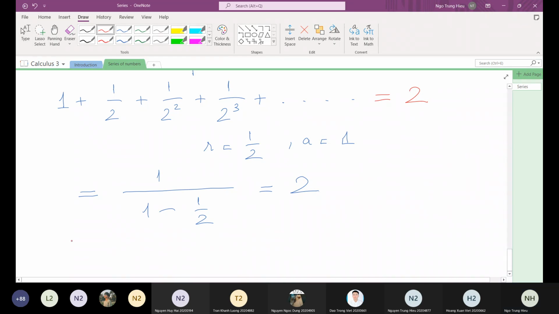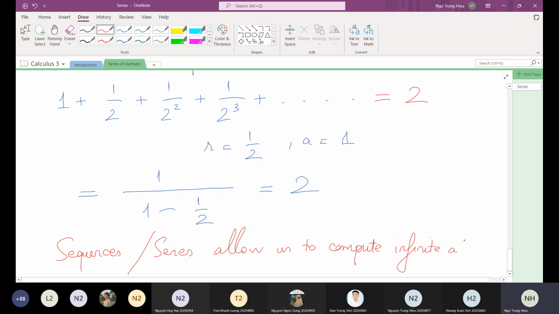So sequences and series allow us to compute infinite additions.